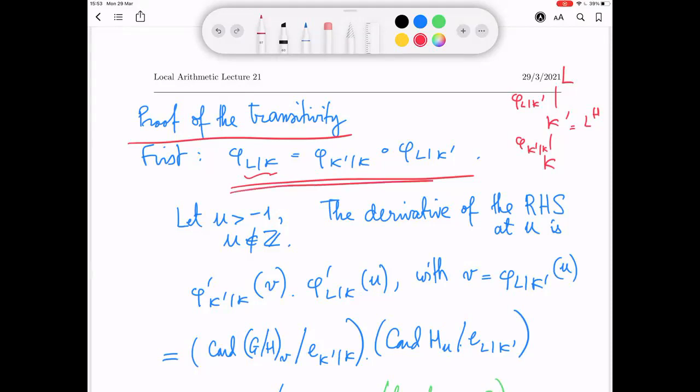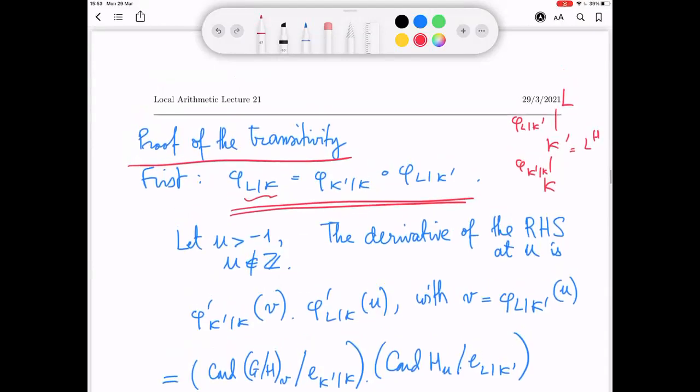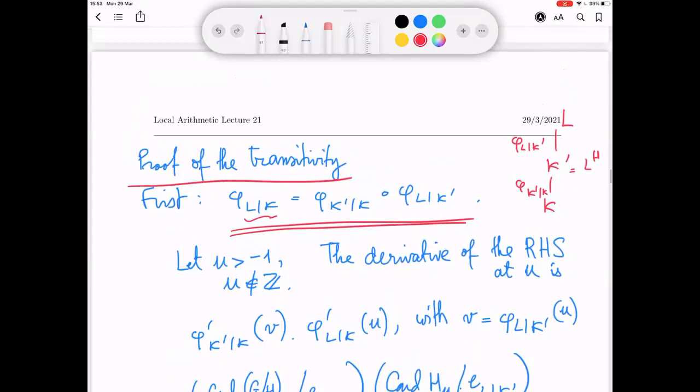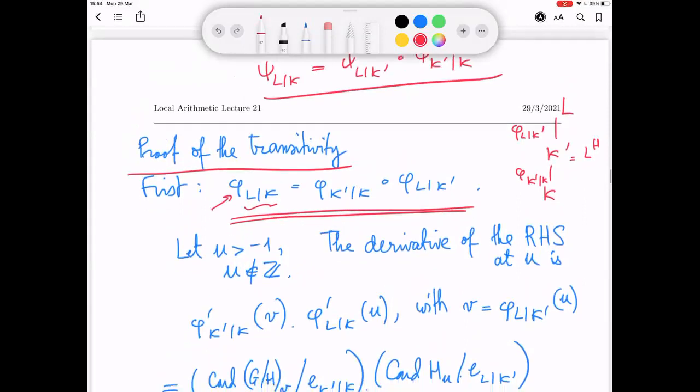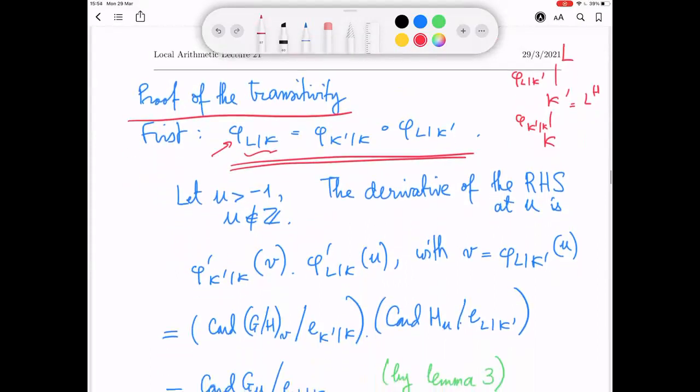This is what the transitivity looks like in this case. For psi, it looks somewhat different. I think it was psi L over K is equal to psi L over K' composed with psi K' over K. But for phi, this is what transitivity states.